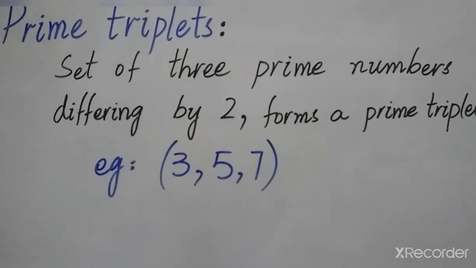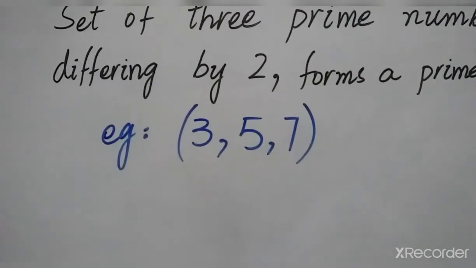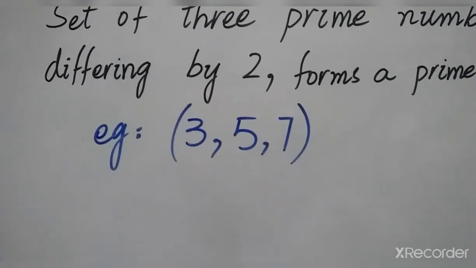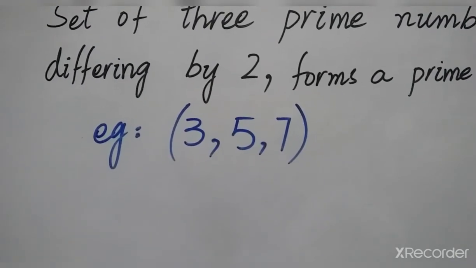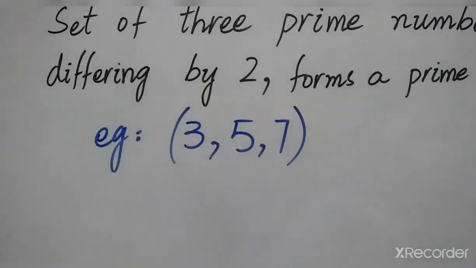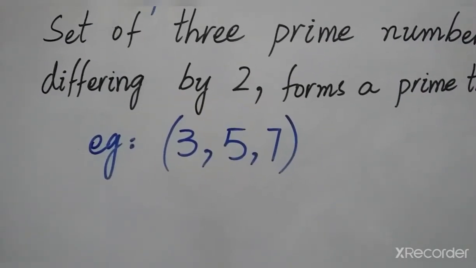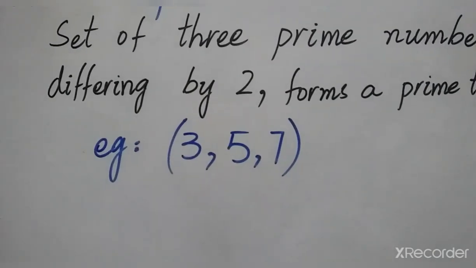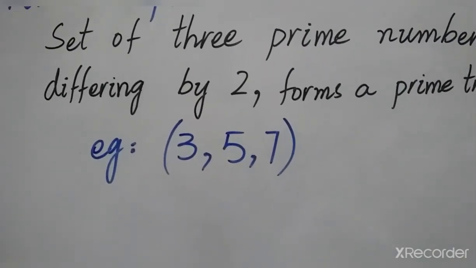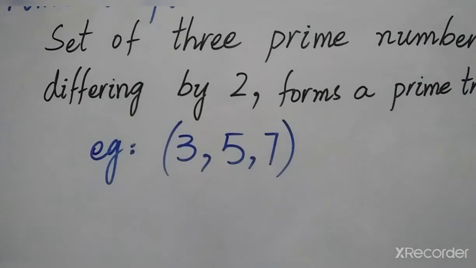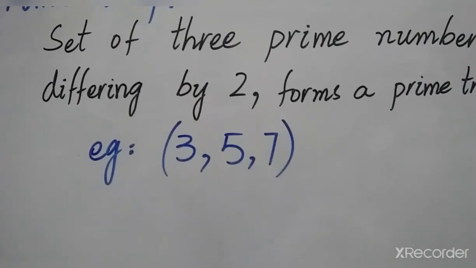Here in this example you can see these 3 numbers are prime numbers and they are differing by 2. You would be amazed to know that there exists only one such set of three numbers which is a prime triplet. So this is the only set of prime triplet that exists.